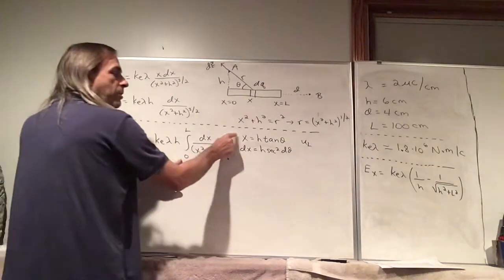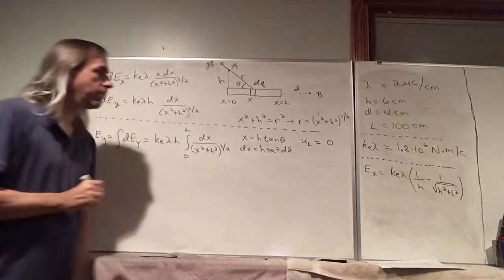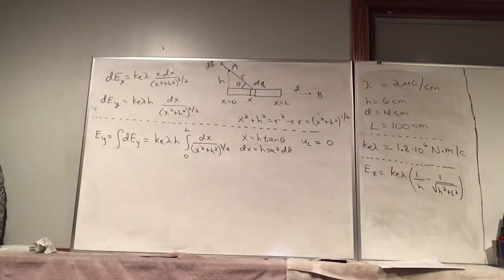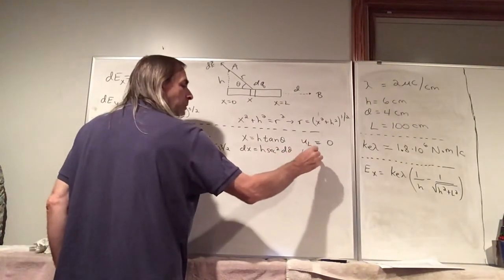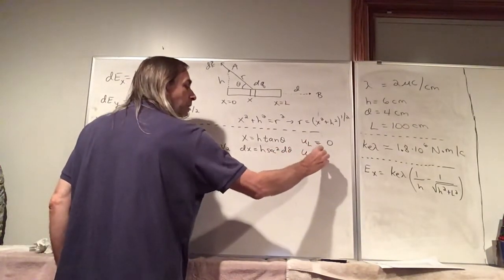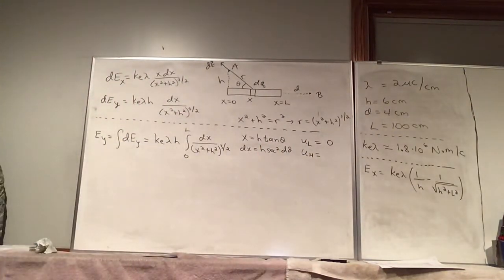And if x equals 0, theta equals 0. So that one's easy. But now the upper limit, well, I don't want to call it UU, that just looks funny. So we'll call it H for high. Again, that's what we get when x is equal to L.